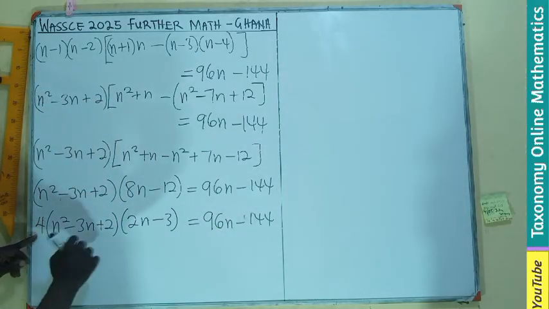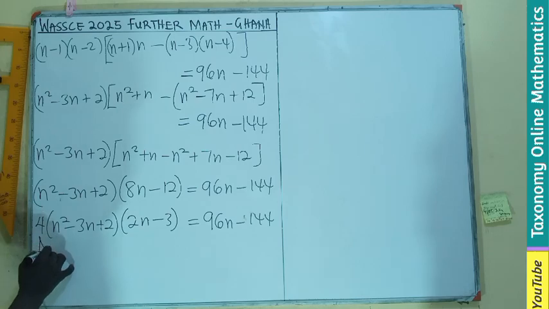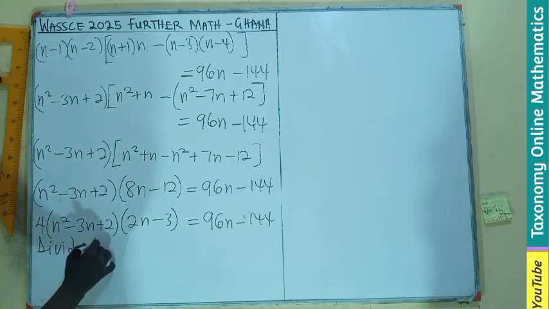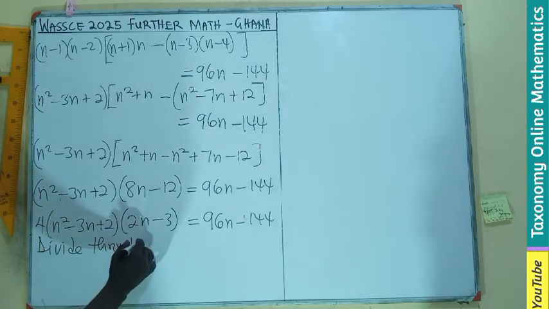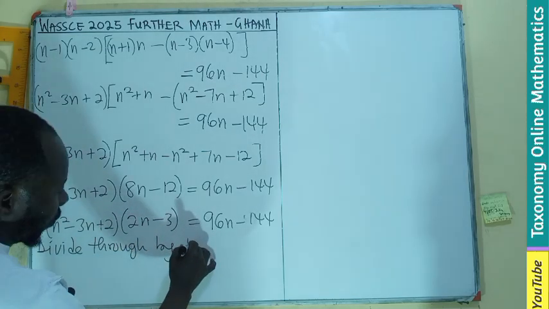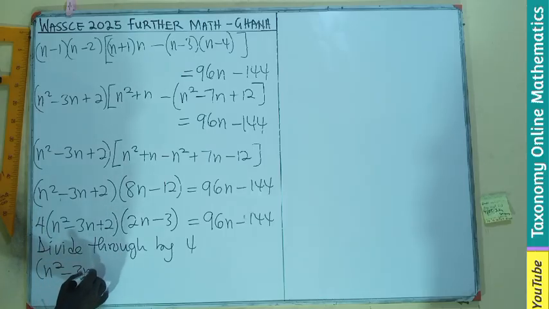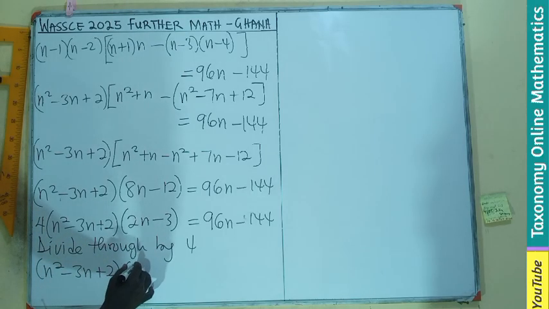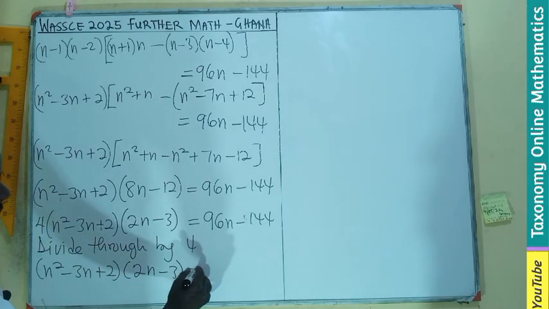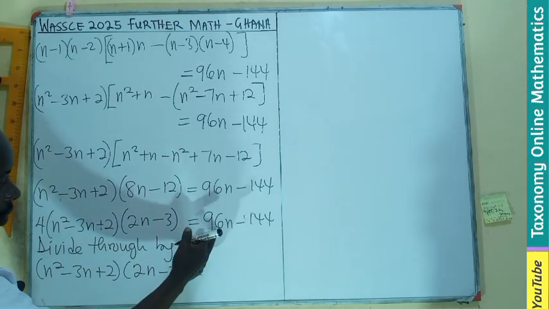Since this 4 is here, let's divide 2 by what? 4. If you divide through by 4, it's cancelling here, leaving the n squared, 3n plus 2, 2n minus 3 equals to, so 4 will go here.